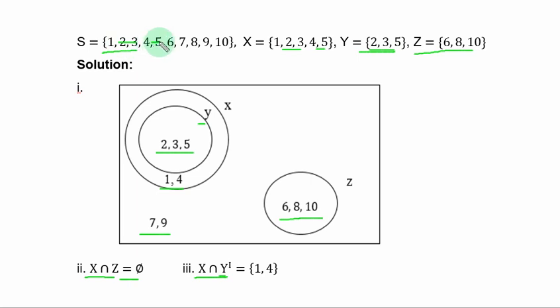So the remaining elements 1, 4, 6, 7, 8, 9, 10 become Y complement. So you get the intersection of Y complement with S. The common elements are 1, then you have 4. That is all. So the intersection of S and Y complement is equal to the set with the elements 1 and 4.